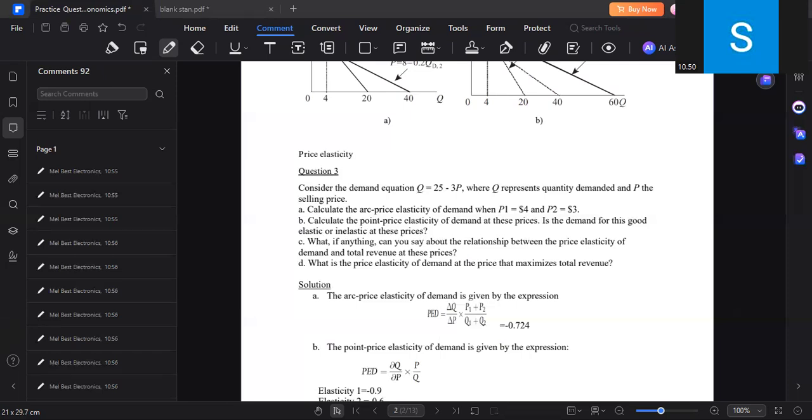This relationship is very important because it helps us for pricing decisions. We know elasticity measures the responsiveness of demand to changes in price. So when elasticity is at the total revenue maximizing point, we usually get -1, which proves that total revenue is maximized when demand is unitary.